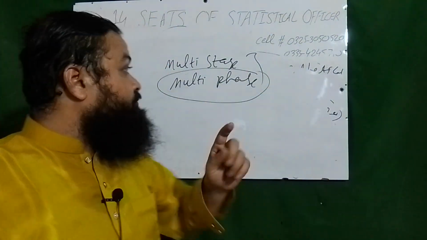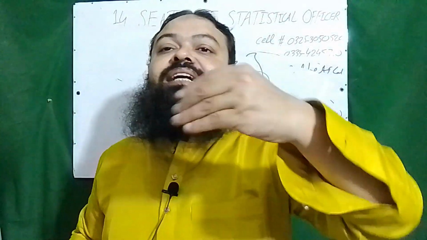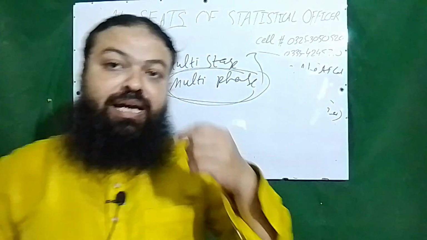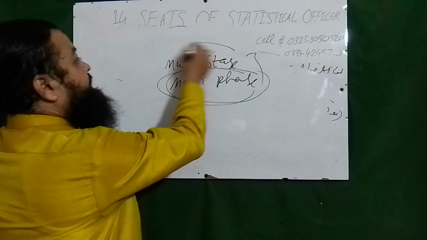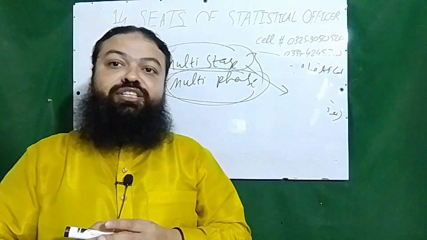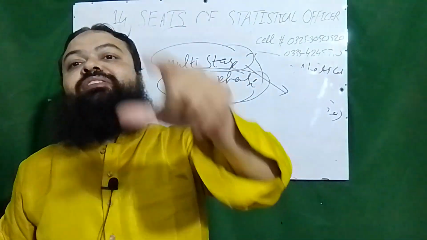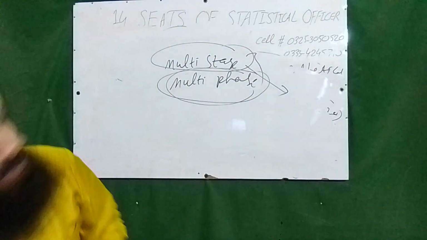And a very important point: in multi-phase the units will be the same at every stage, but in multi-stage sampling our units are different at every stage, and at the last stage the units which are selected will be our final sample.